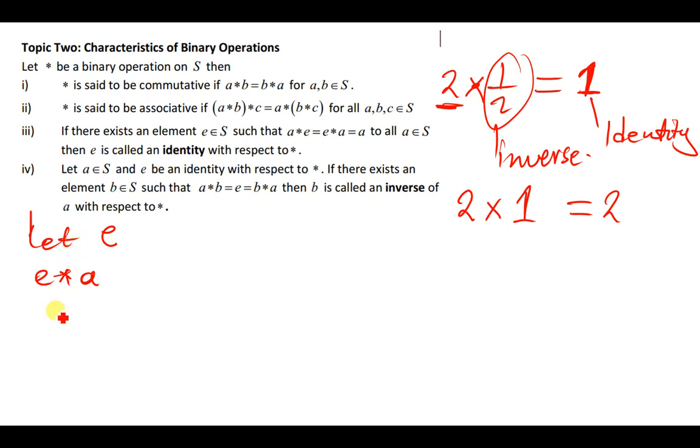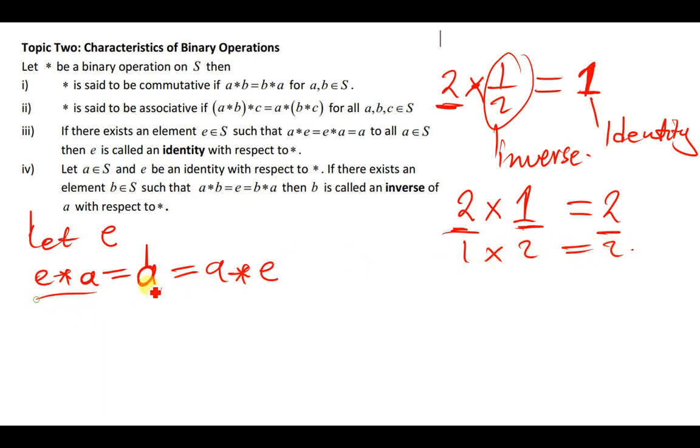The answer that we are supposed to get is that same element. This is just the same as A star E. So it doesn't matter which side you put it, the answer will still give you A.